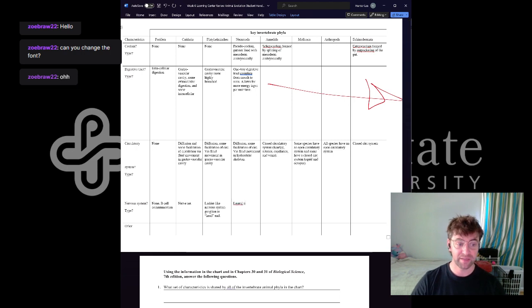Nematoda have lateral nerve cords. Lateral, not literal. So lateral, if I'm facing this direction, lateral is side to side. And Annelida have increased complexity of the same. And that trend continues through the phyla.